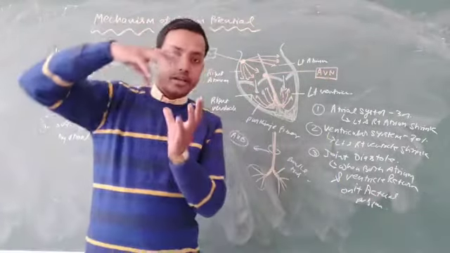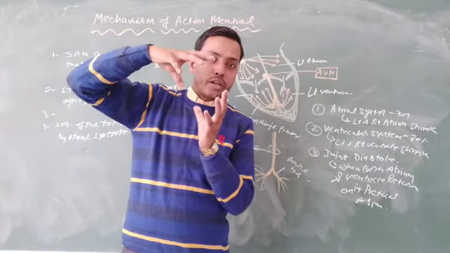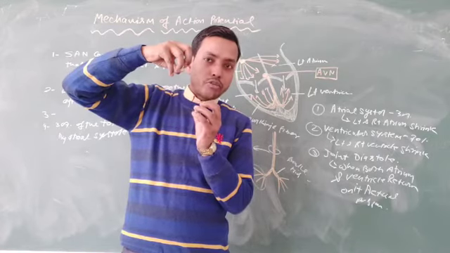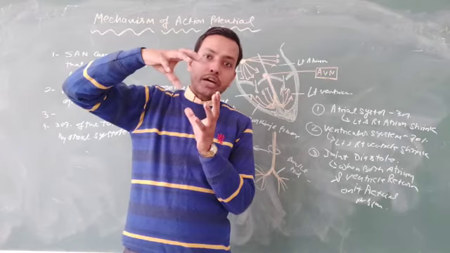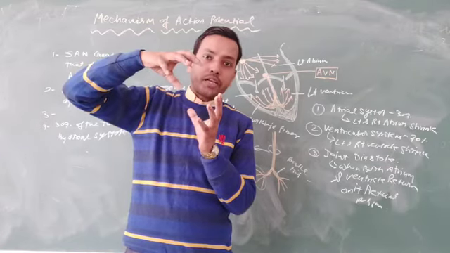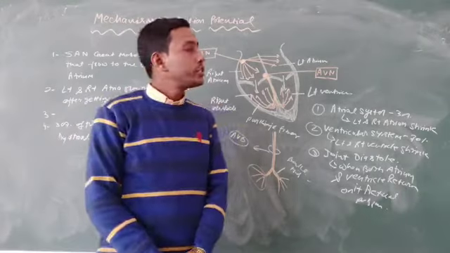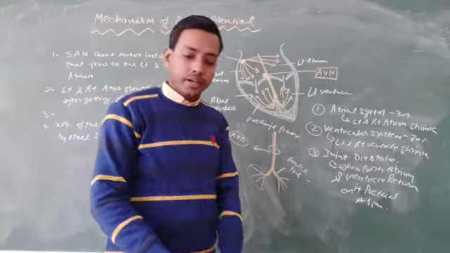It means this is how the heart works. Listen carefully: the atrial systole, ventricular systole, joint diastole. Atrial systole flows the blood to the ventricle. Ventricular systole flows the blood to the different parts of the body. Joint diastole collects the blood from different parts of the body to the heart. This is the mechanism of heart shrinking, or the mechanism of action potential.